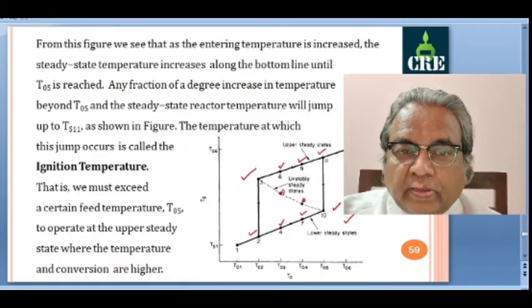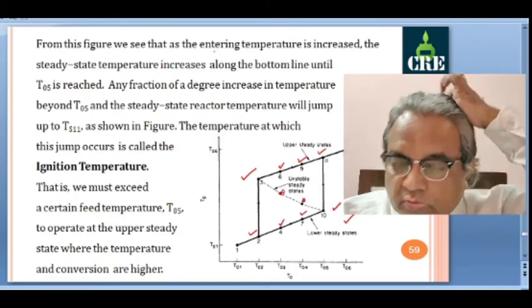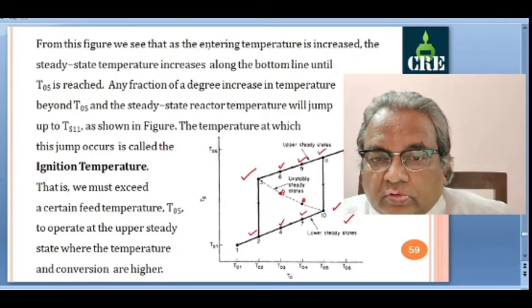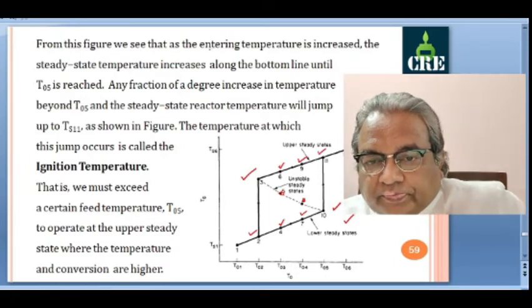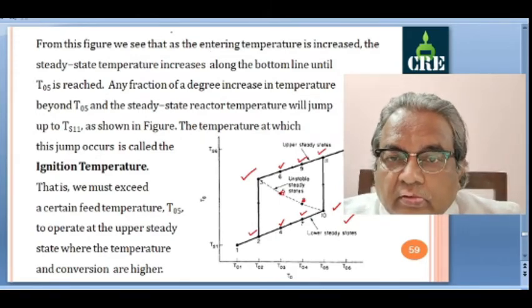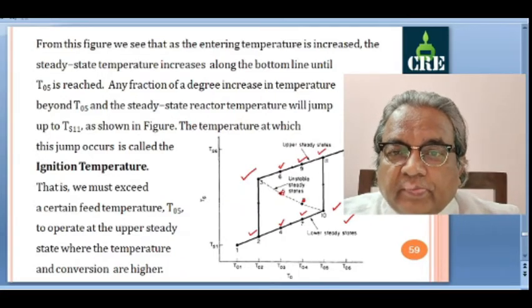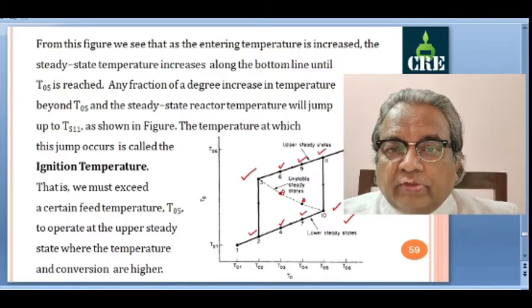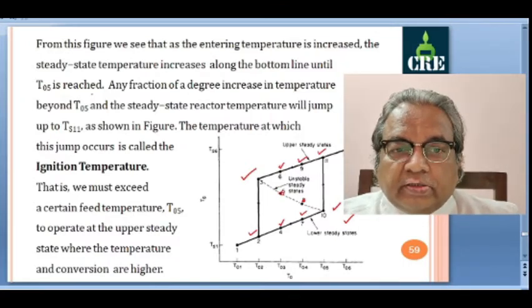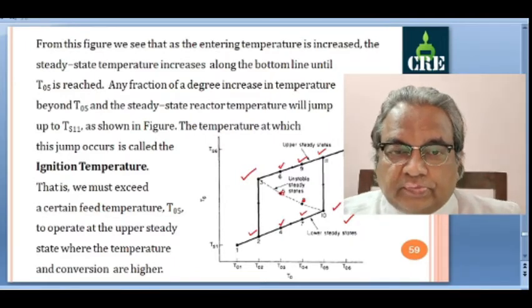Now we will see the concept of ignition temperature. As the entering temperature is increased, the steady state temperature increases along the bottom line until T05 is reached.